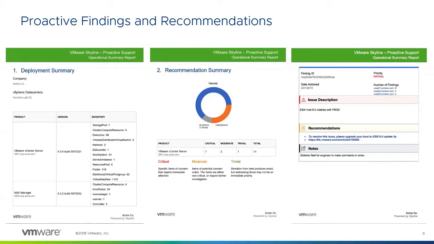So this is how we highlight what some of the findings are, which endpoints and objects are impacted, and what remediation steps we recommend in order to resolve these findings.